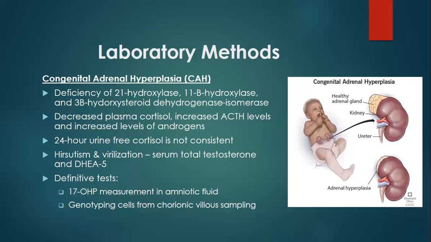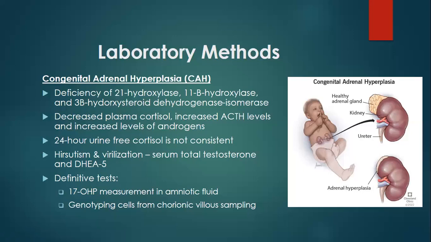It results from a deficiency of enzymes such as 21-hydroxylase, 11-beta hydroxylase, and 3-beta hydroxysteroid dehydrogenase isomerase, which are necessary for the synthesis of cortisol. So your CAH would result in decreased plasma cortisol, increased ACTH levels, and increased levels of your androgens.